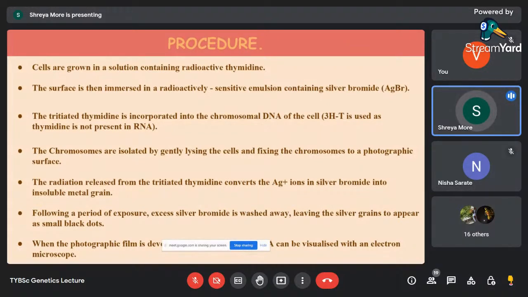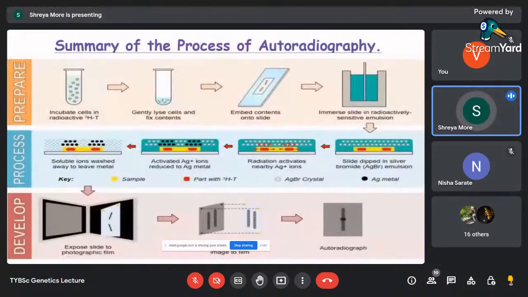The radiation released from the tritiated thymidine converts silver ions in silver bromide into insoluble metallic grains. After a period of exposure, excess silver bromide is washed away, leaving only the silver grains, which appear as small black dots. When the photographic film is developed, it can be visualized with an electron microscope. So this was the procedure.